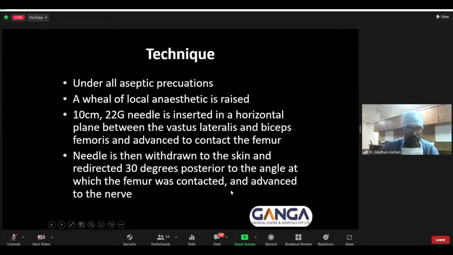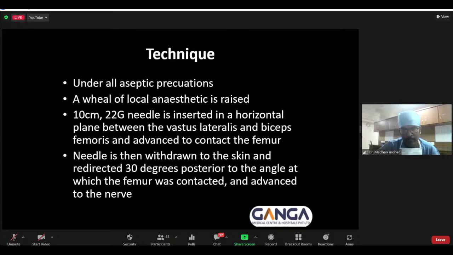The technique is under all aseptic precautions. A wheal of local anesthetic is raised and a 10 cm 22 gauge needle is inserted in a horizontal plane between vastus lateralis and biceps femoris and advanced to contact the femur. Contacting the femur is very important to identify the angle of the needle. So initially you have to go and hit the femur. After hitting the femur, redirect the needle 30 degrees posterior, at an angle from which the femur was contacted, and advance to the nerve.